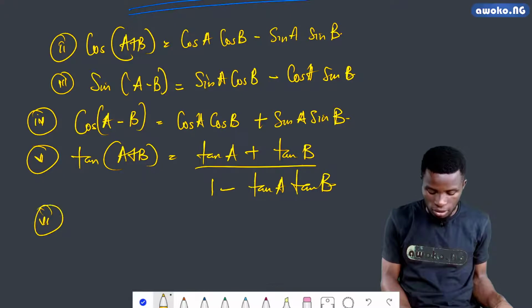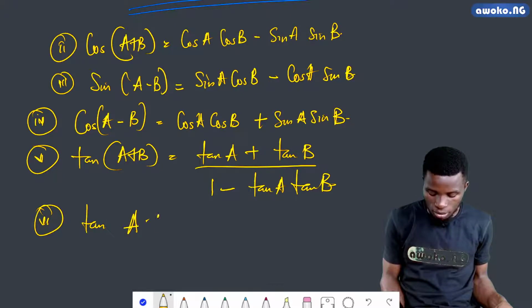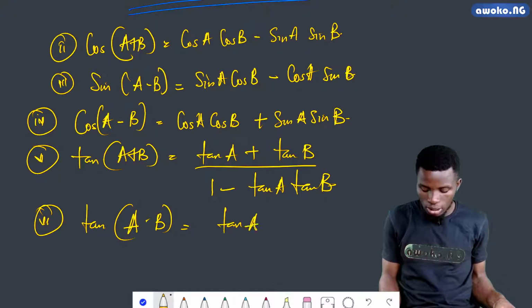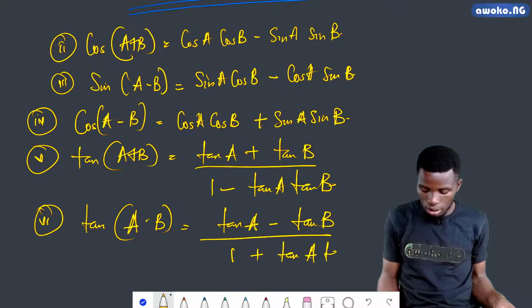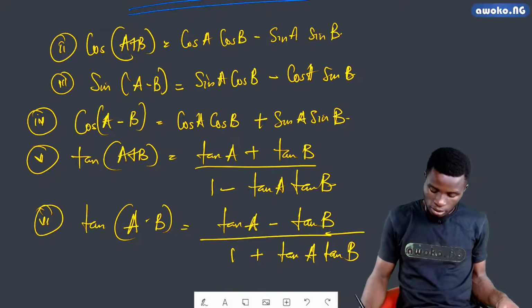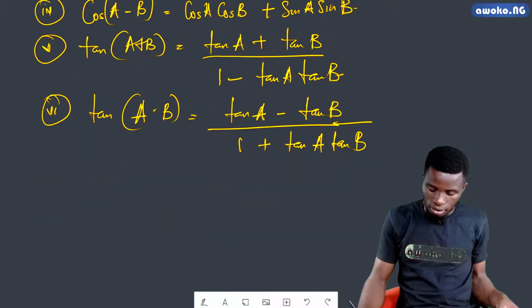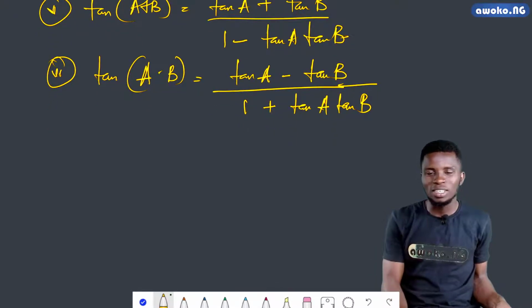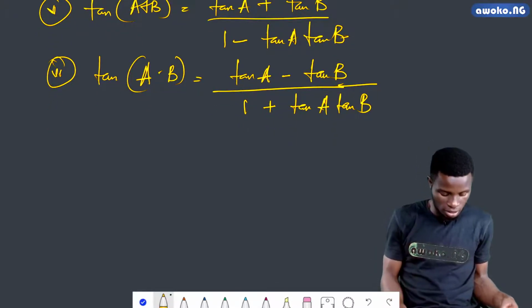We have the sixth one, which is tan A minus B, and is equal to tan A minus tan B all over 1 plus tan A tan B. Okay, so these are the set of identities that show the addition and the subtraction of the angles.